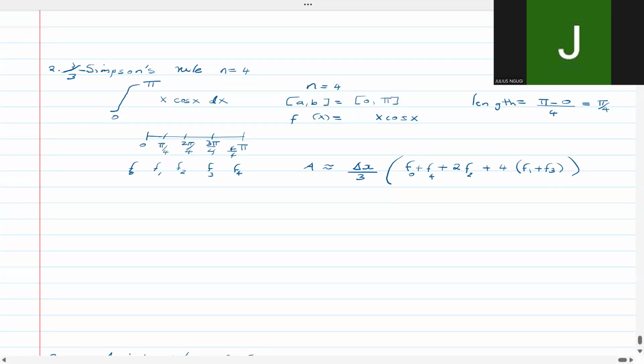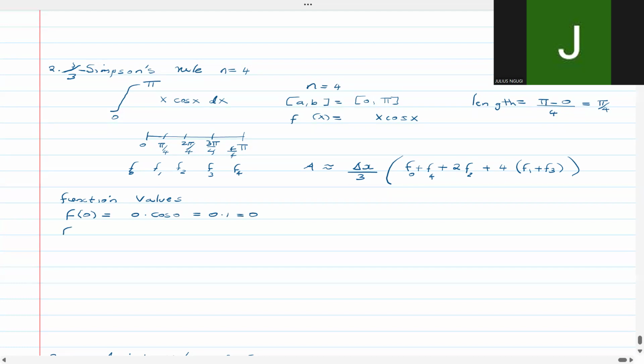First of all, let's find the function values. The first one, f at x equals 0, is 0 times cosine of 0, which is 0 times 1, which equals 0.